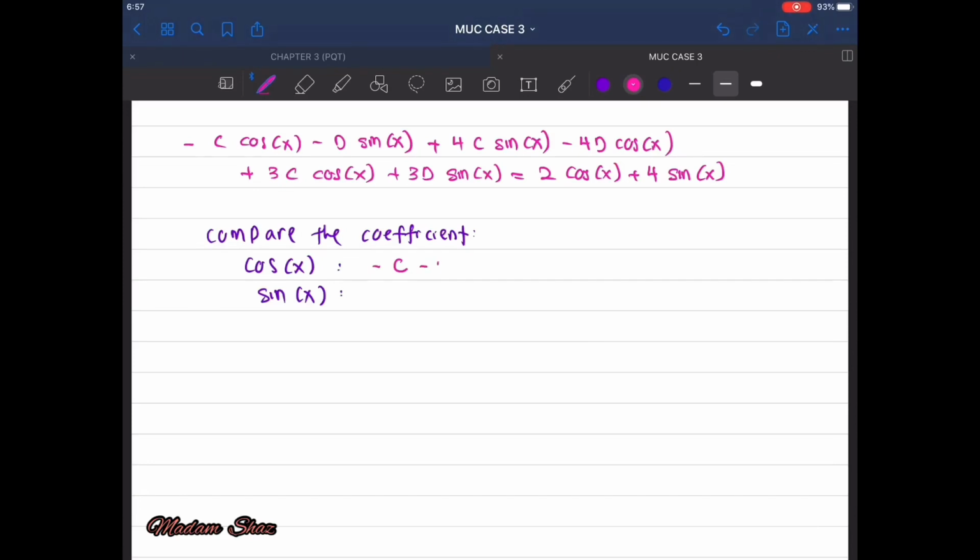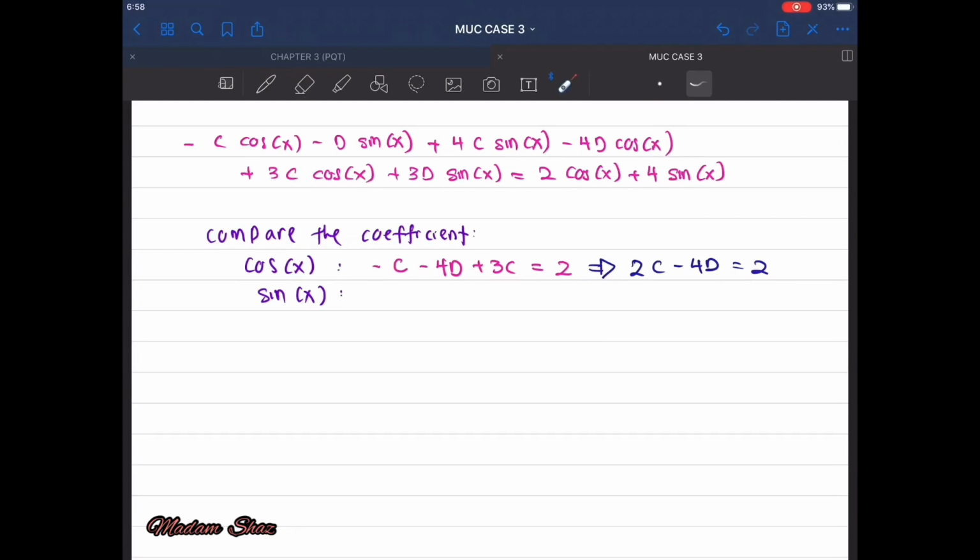Negative 4d. Another cos, positive 3c. Compare to the right hand side, terms of the cos x, which is 2, equal to 2. So this one you still can simplify. Negative c plus 3c will become positive 2c. 2c minus 4d is equal to 2.